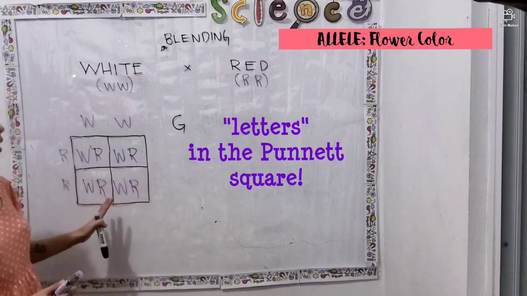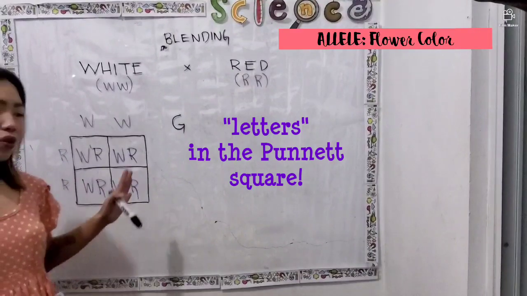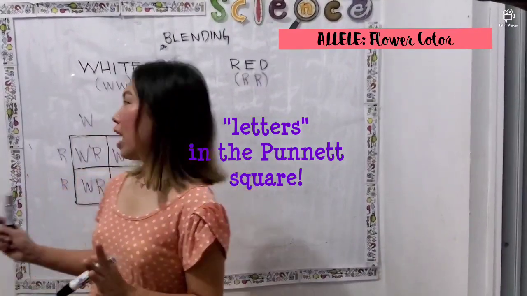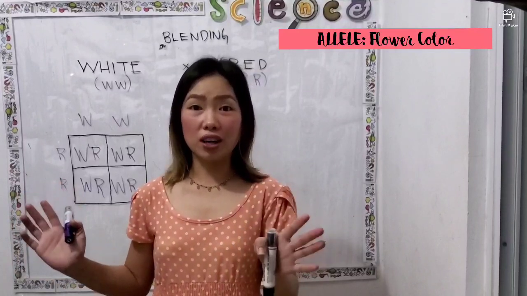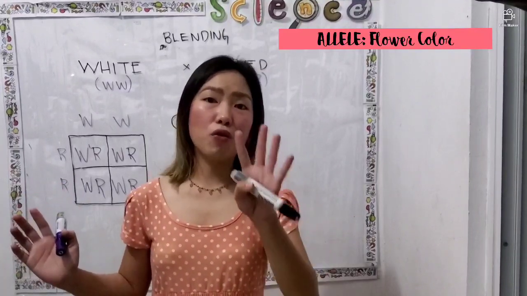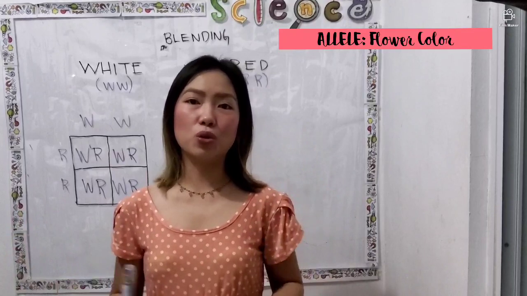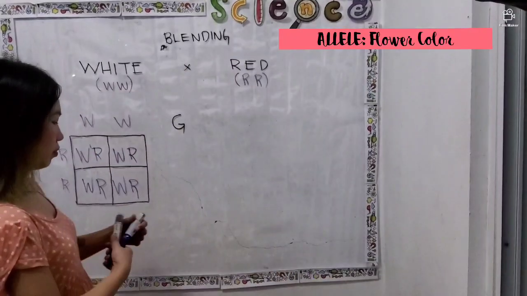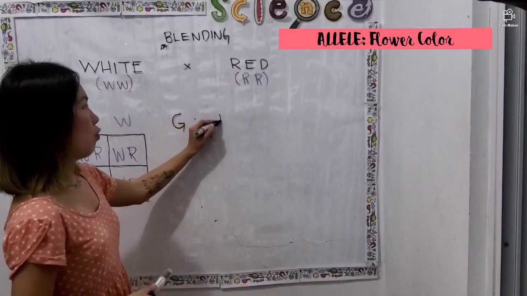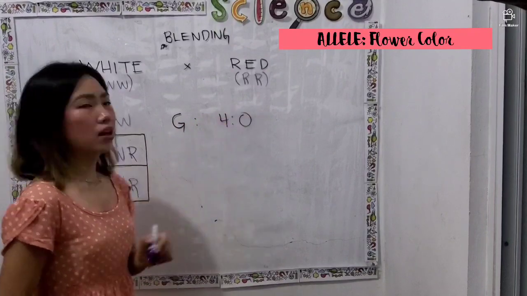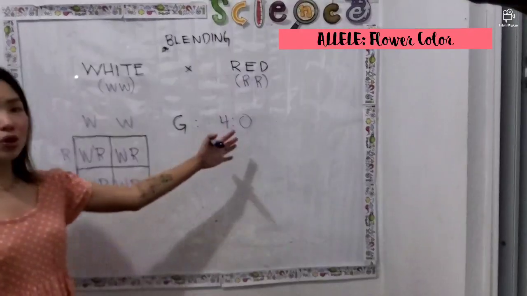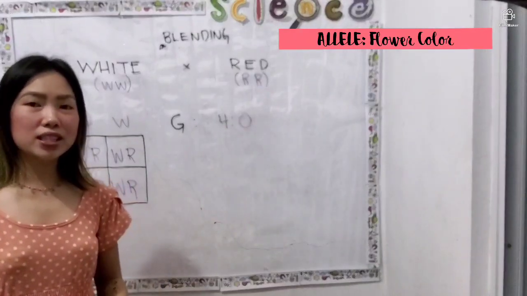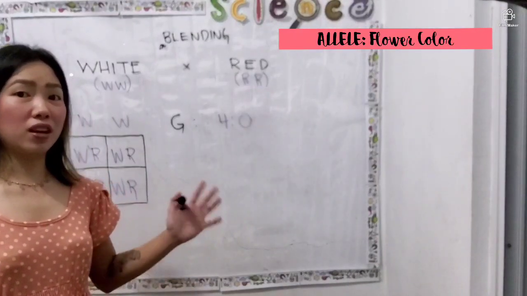So, since obviously we have only one set of letters na nakikita sa ating Punnett square, which is all W, R, and we only have 4 boxes, so our ratio will become 4:0. 4 kasi 4 yung magkakaparehas, 0 kasi wala yung naiiba. So that is now our ratio for the genotypic ratio.